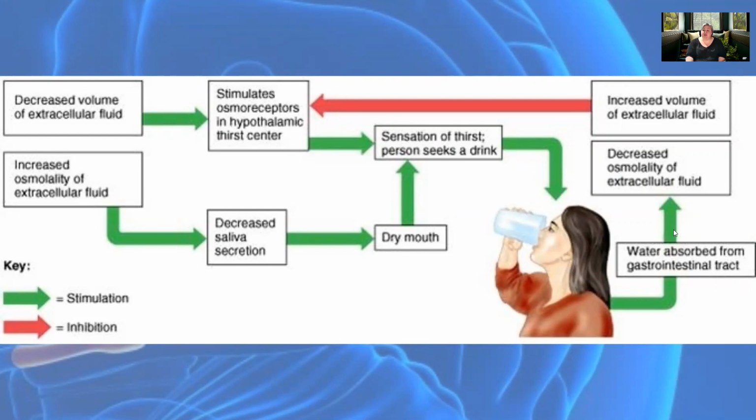That in turn decreases the osmolality of the extracellular fluid and increases the volume of our extracellular fluid. It's a cycle, and it goes back to that term homeostasis: our body is trying to keep everything in balance with our fluids and the different nutrients and things that we have in our blood and our fluids.